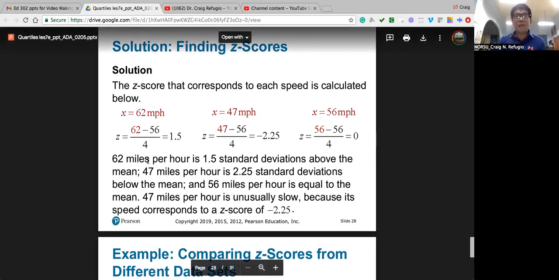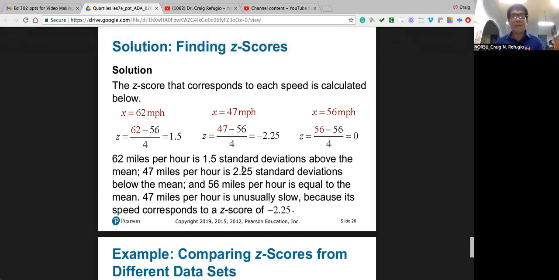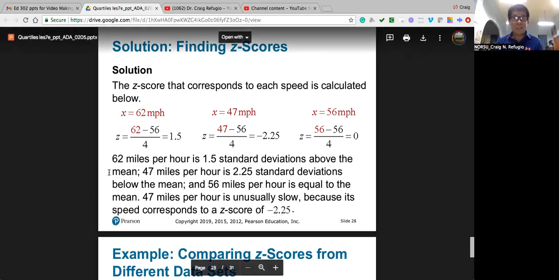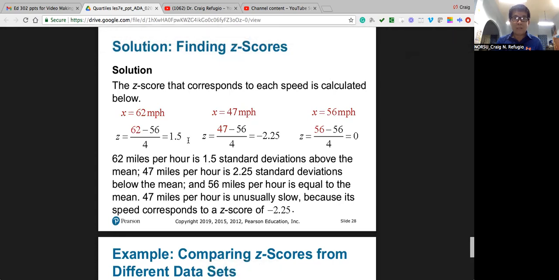So 62 miles per hour is 1.5 standard deviations above the mean. It's above the mean because we have 0 at the middle, and going to the right side, we have 1 standard deviation, 2 standard deviations, then 3 standard deviations. Going to the left side, we have 1 standard deviation, 2 standard deviations, then 3 standard deviations, and all of these are below the mean.